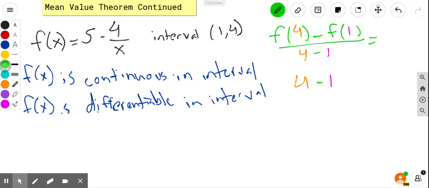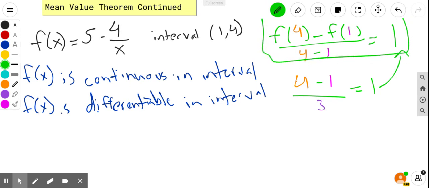Okay, that's kind of interesting. Over 4 minus 1, which is just going to give me a 3. So when I simplify this, I figure out that I end up with a positive 1. All right. So I need to keep track of this because this is important information.